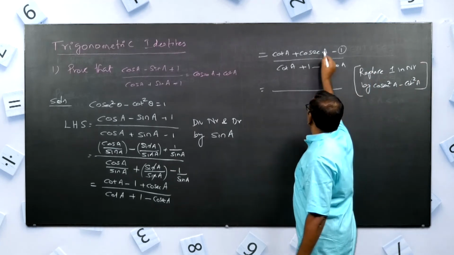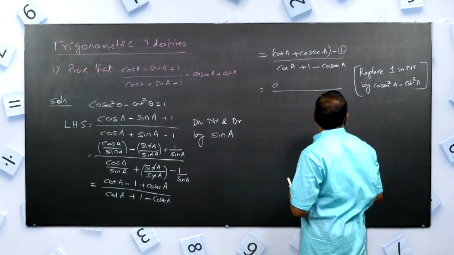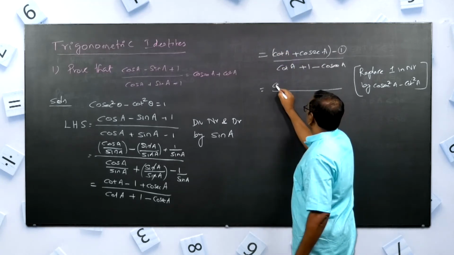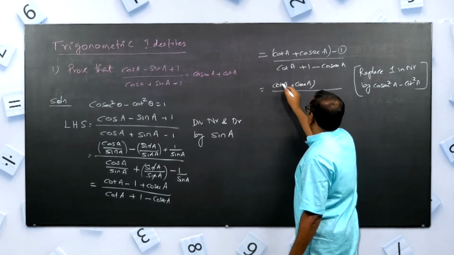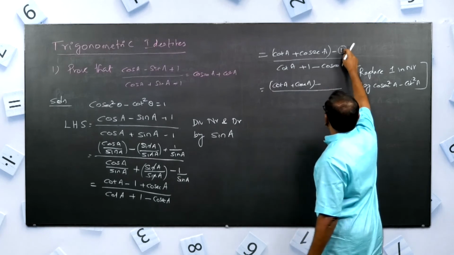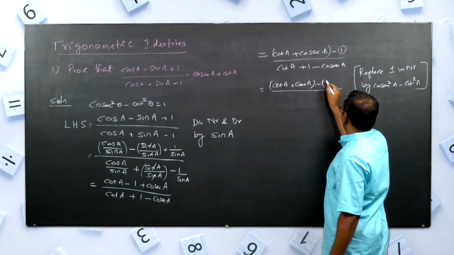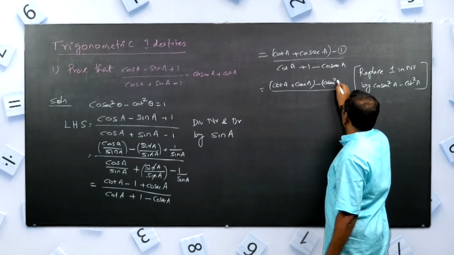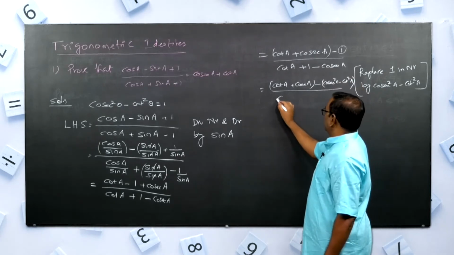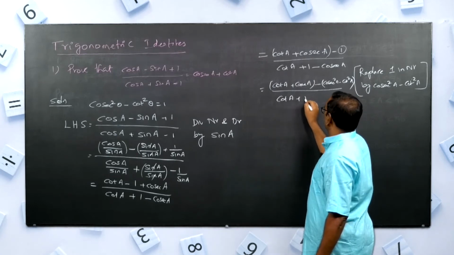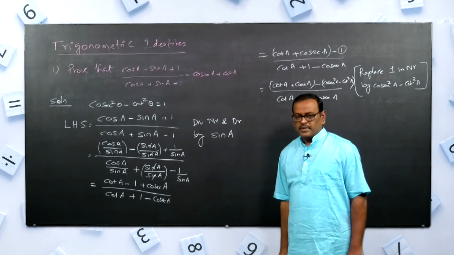So this becomes cot A plus cosecant A minus (cosecant square A minus cot square A), by the denominator as it is, cot A plus 1 minus cosecant A.